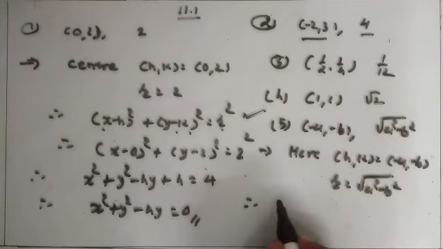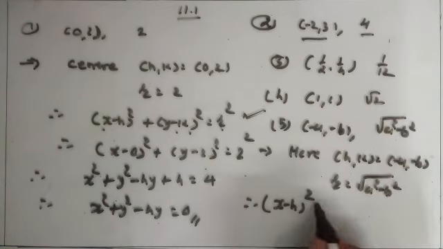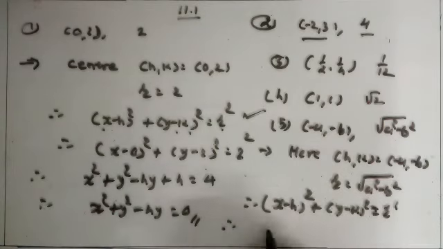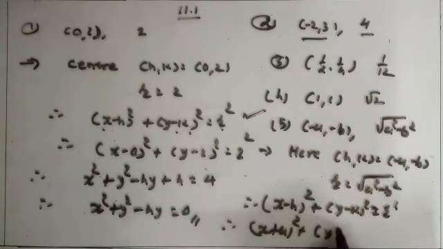Therefore from our equation of the circle, (x minus h) whole square plus (y minus k) whole square is equal to r square, the equation becomes (x plus a) raised to 2 plus (y plus b) raised to 2 is equal to the square of this, that is a square minus b square.